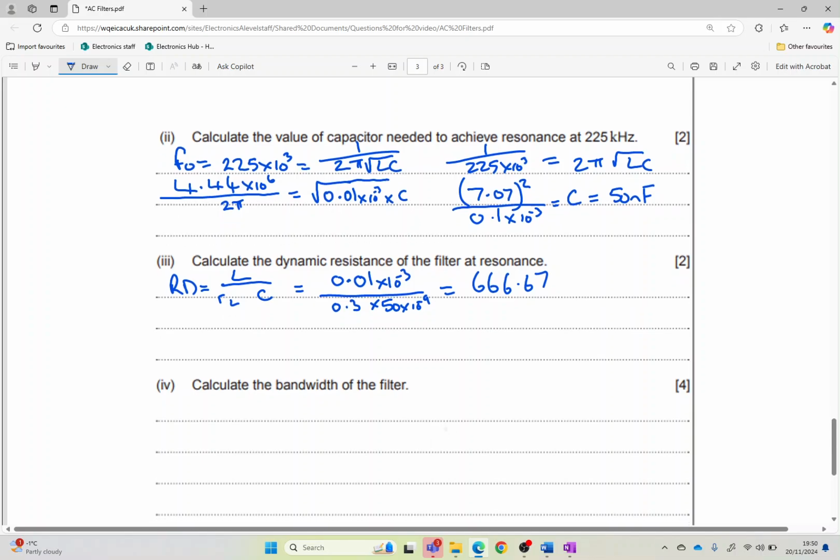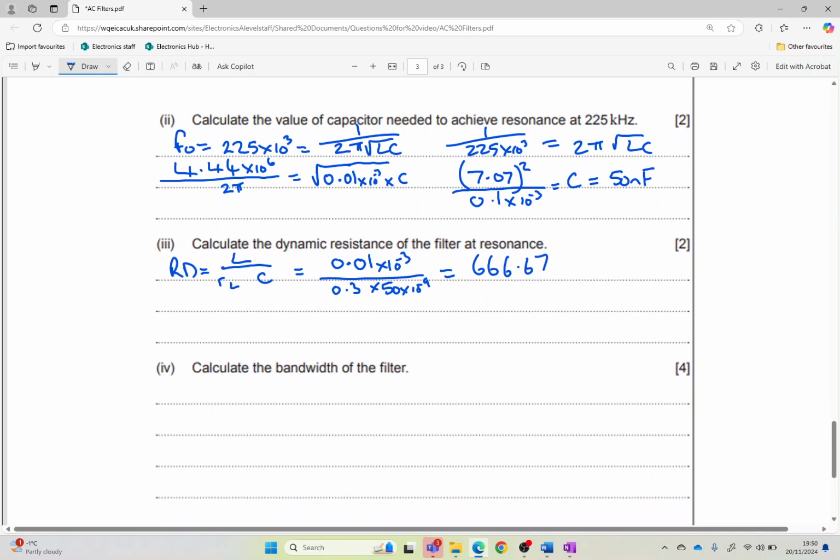So we're now looking to calculate the bandwidth of this. Well, we know that Q factor is equal to F naught divided by the bandwidth, which is equal to 2 pi F naught L over R_L.